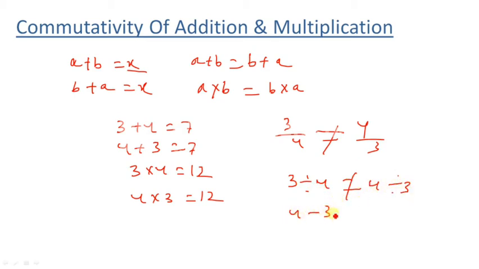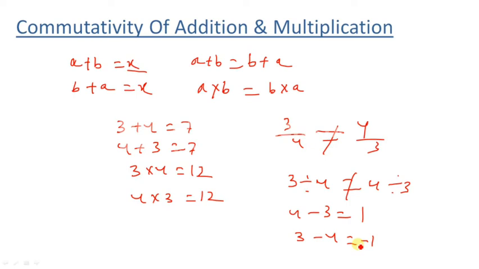Also we know 4 minus 3 is equal to 1, but 3 minus 4, the answer will not be 1. In further classes you will know it is minus 1. So commutative property is obeyed only by the addition and multiplication of whole numbers.